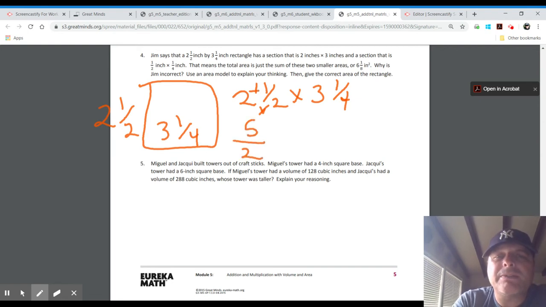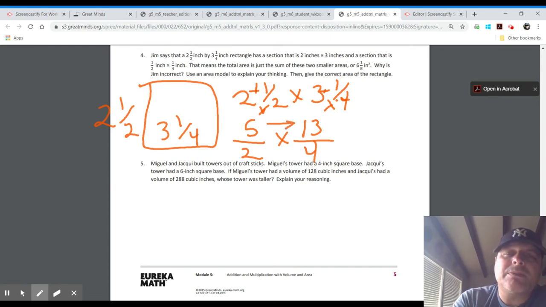Remember how to do this. And multiply it by 3 times 4 plus 1. 3 times 4 is 12, plus 1 is 13 over 4. Now, as you remember, we can multiply them straight across, so multiply those two and multiply these two.